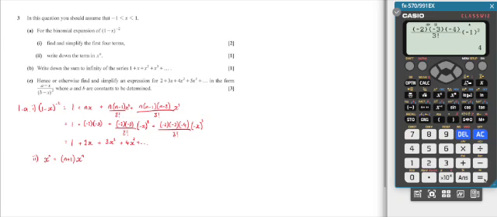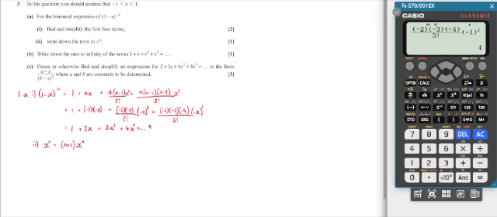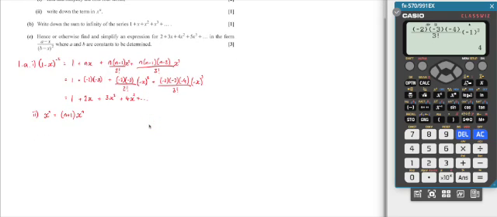Write down the sum to infinity of the series 1 + x + x squared + x cubed, and so on. So sum to infinity, we know this is a geometric series. So we have got a is 1, and my common ratio, each of those is being multiplied by x each time.